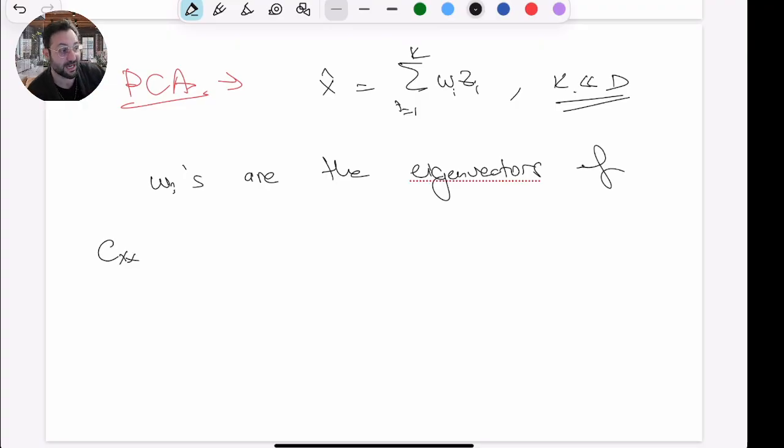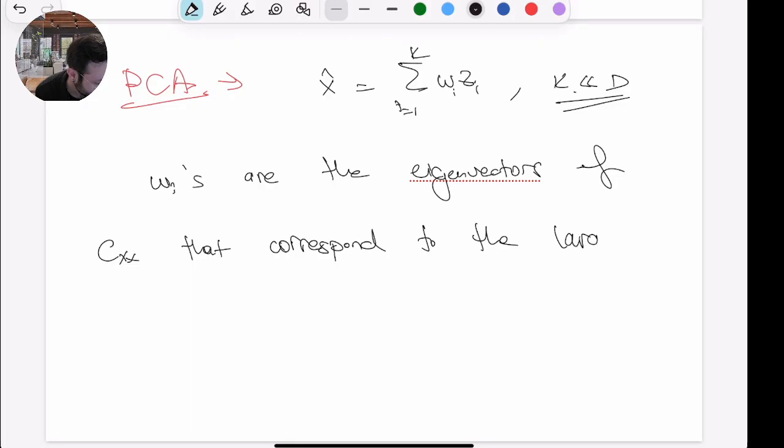So the eigendecomposition has something to do with how your data is distributed, right? They are the eigenvectors of CXX that correspond to the largest k eigenvalues. So, my dear friends, this was PCA and eigendecomposition for you.